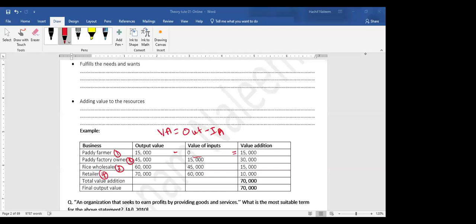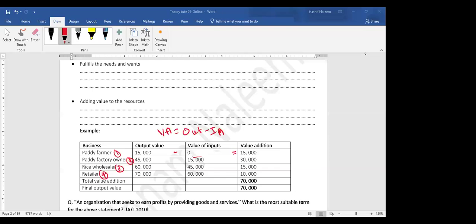So what's the value addition they made there? Their selling price is 120 and they purchased it for how much? 100. So they have made a value addition of 20 rupees. So any business purchases the inputs and sells them for a price more than the price of their input. That is simply called value addition.